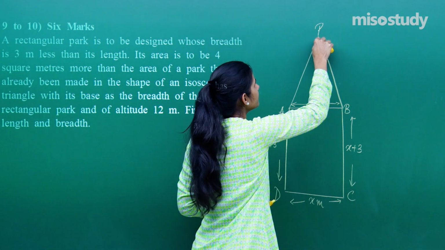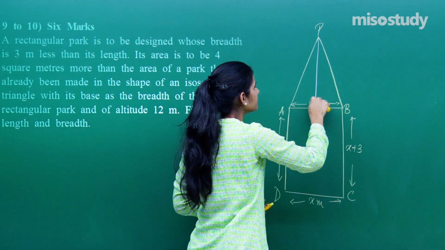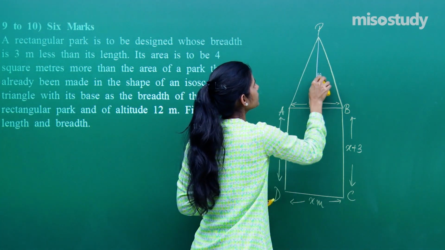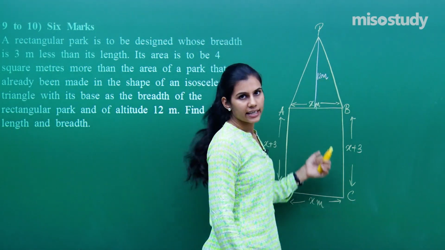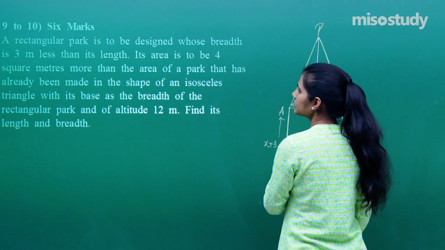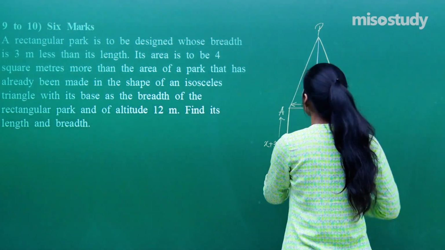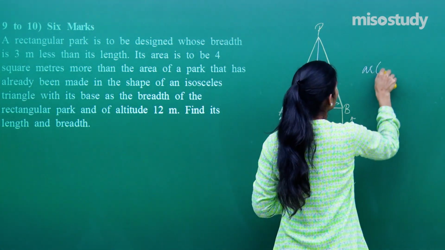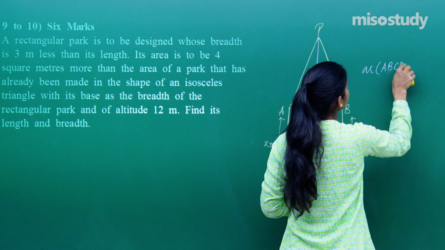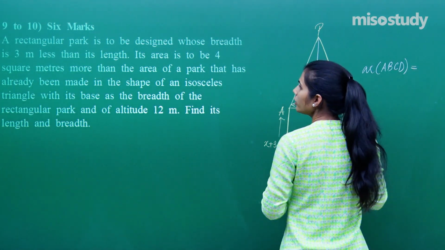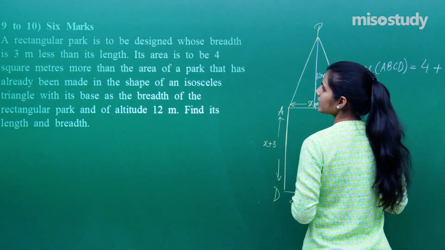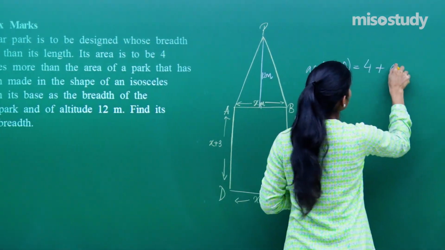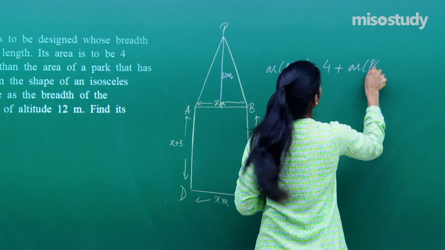So, the height is 12 meters. Then they are talking about their areas. The area of the rectangle, so area of ABCD, is 4 square meters more than the area of this triangular park, which is PAB.